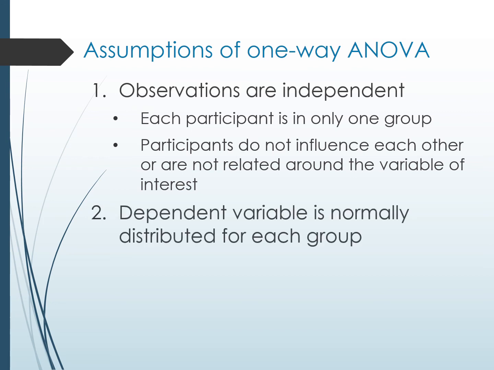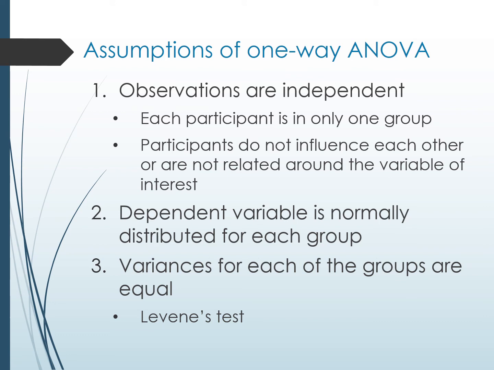The second assumption is that the dependent variable is normally distributed for each of the groups in the analysis. Recall that in class we discussed several ways to determine whether a dataset is normally distributed. Finally, it's assumed that the variances for the data for each of the groups are equivalent. Standard ANOVA analysis includes a Levene's test, which may be used to verify that variances are similar.